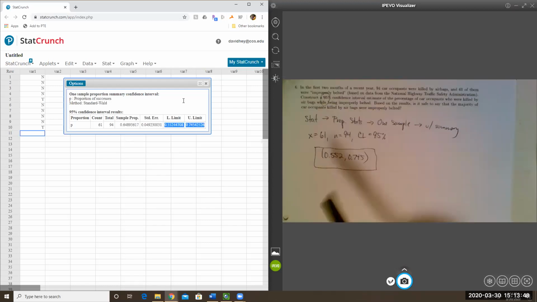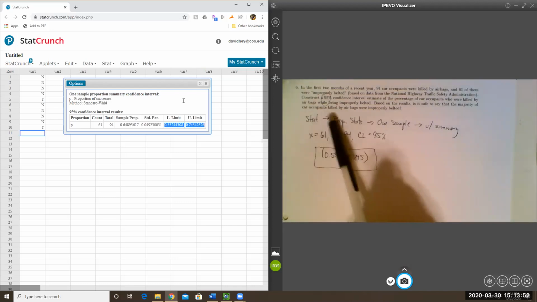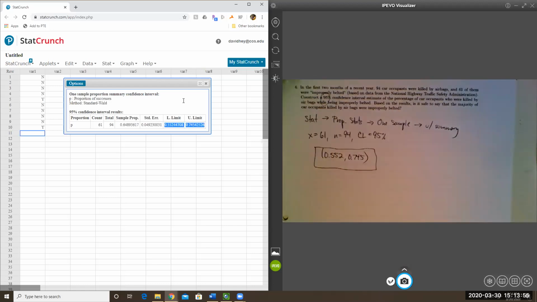So based on that interval, is it safe to say that the majority of car occupants killed by airbags were improperly belted? Well, what do we mean by majority? Majority would mean more than 50%, right?